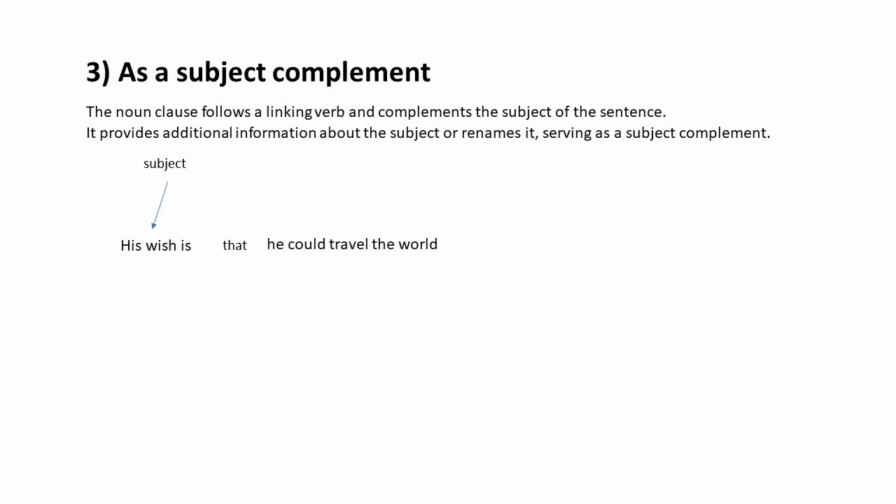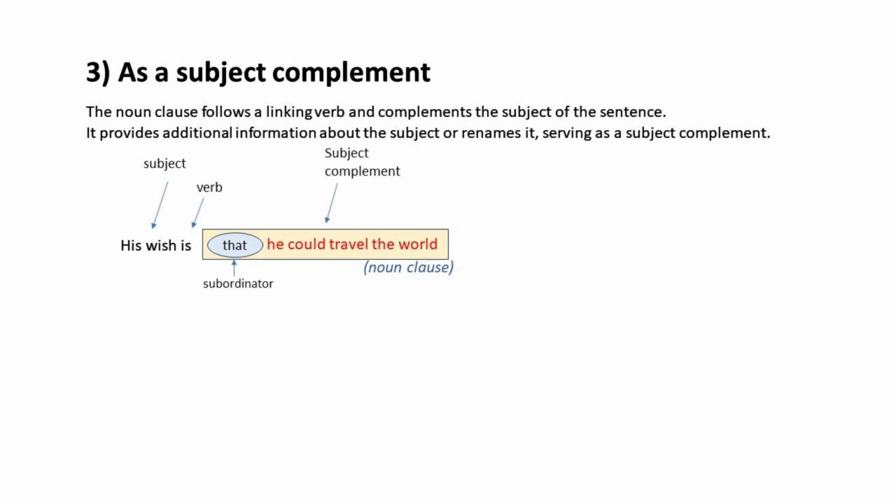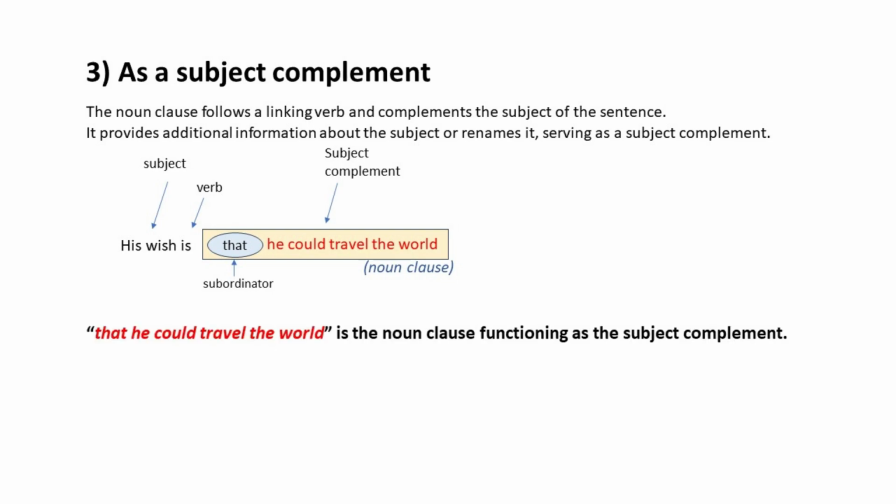His wish is the subject of the sentence. Is is the verb or predicate. That he could travel the world is a noun clause with that as subordinator, and it is a subject complement because that he could travel the world describes his wish. So we can conclude that that he could travel the world is the noun clause functioning as the subject complement.